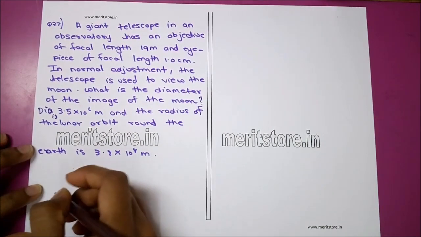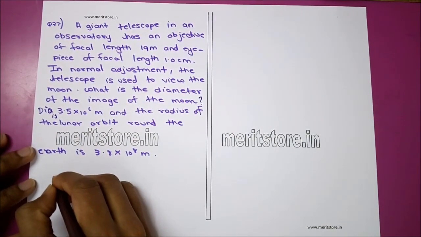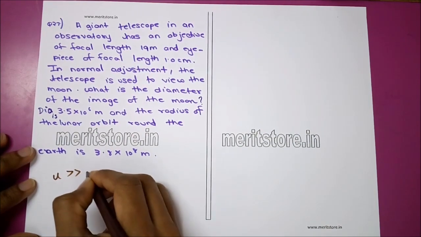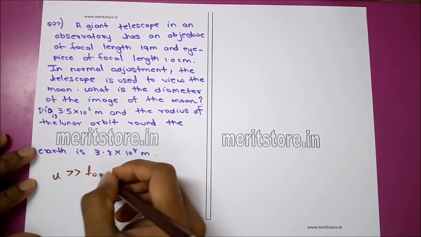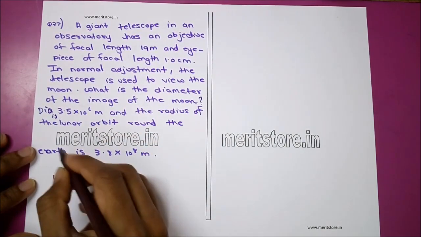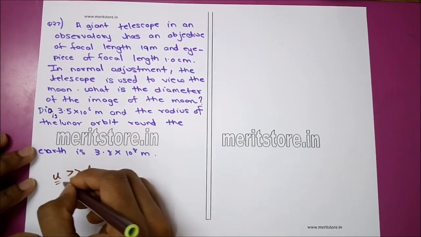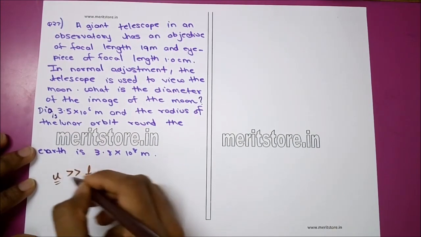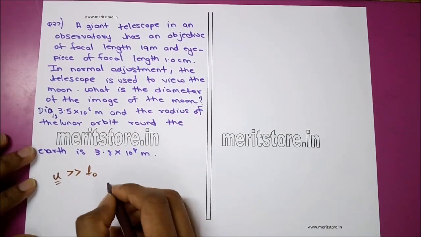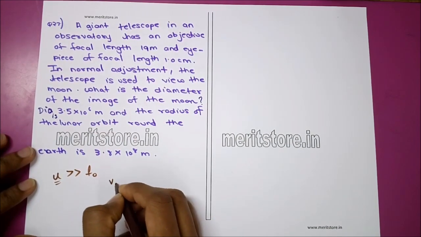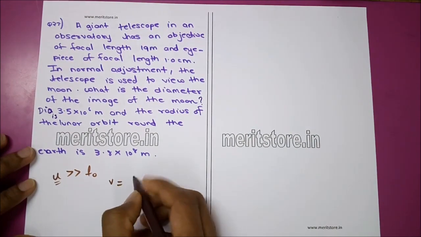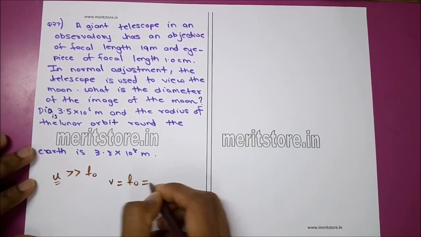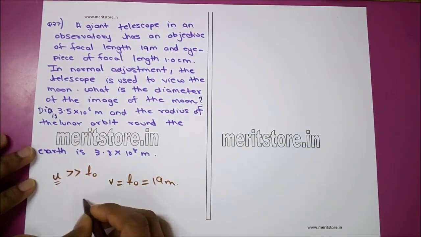Now in this case, the object distance u, that is the distance of the moon from the telescope, is much greater than the focal length f of the objective lens. Since u is much greater than the objective focal length, it is safe to assume that the image distance is at the focal length of the objective lens, that is 19 meters.